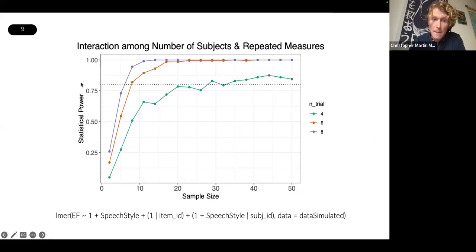So here I've made a similar power curve analysis with code that you'll receive in the tutorials. But here we see the interaction between the number of trials, so number of repeated measures, and sample size. And then we see statistical power on the y-axis. And here's the point I want to make, right: power is not just about sample size, it's also about study design. Because here, even if we have a sample size of around 50 participants, right, we're still at a statistical power of around 0.8.